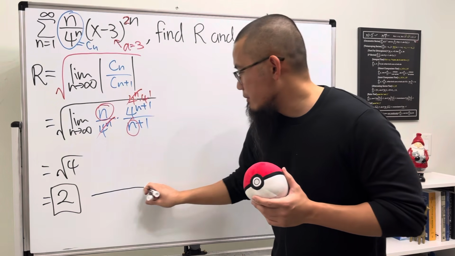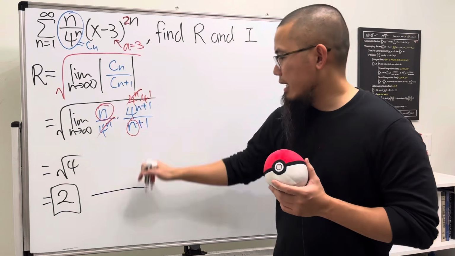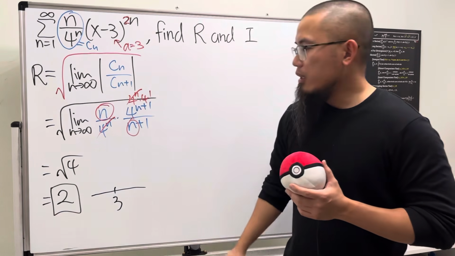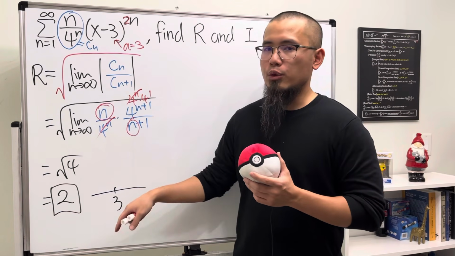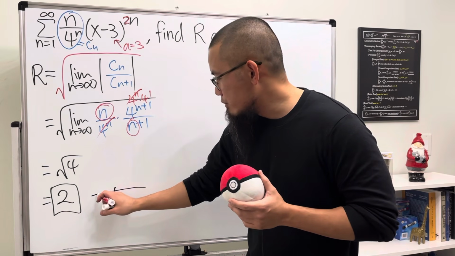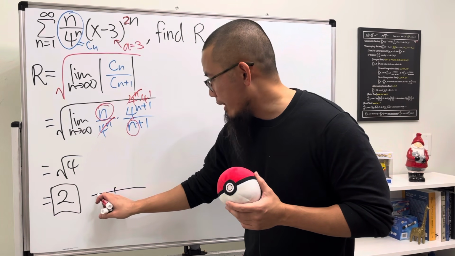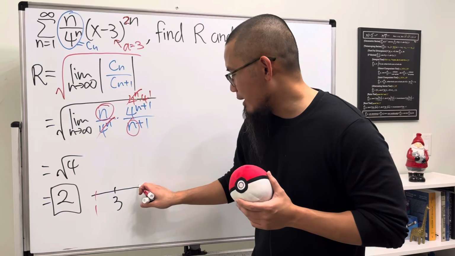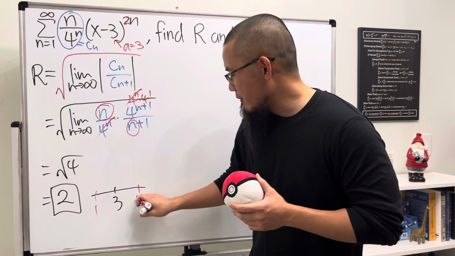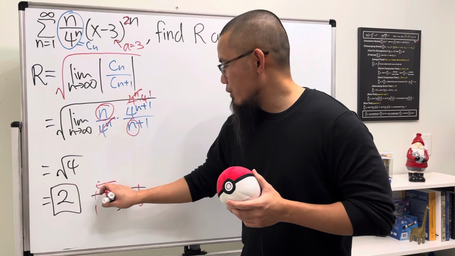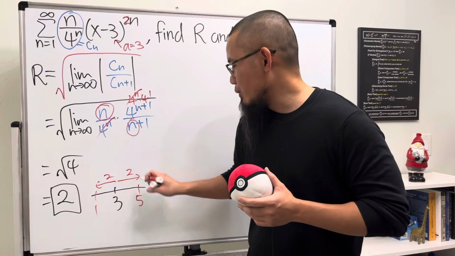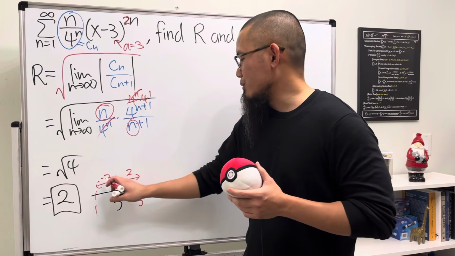We have the number line, and the 3 is right here. And of course, the radius means that we can go to the left and go to the right. So if you move to the left 2 times, we get 1. And if you move to the right twice, you get 5. Okay, so again, 2 this way and then 2 this way. Minus 2 and plus 2 pretty much.